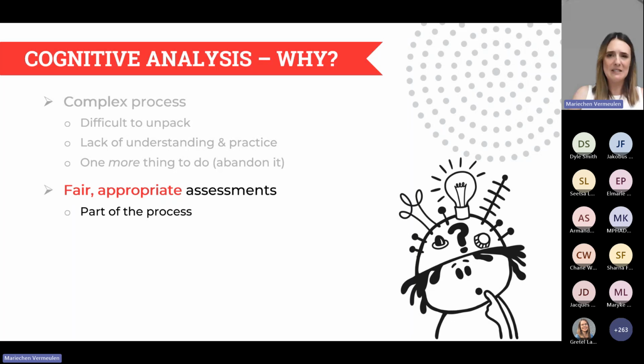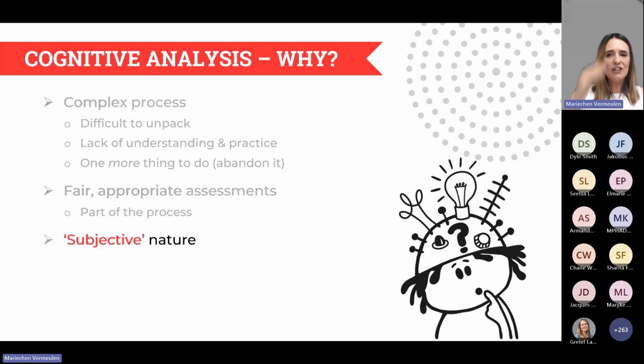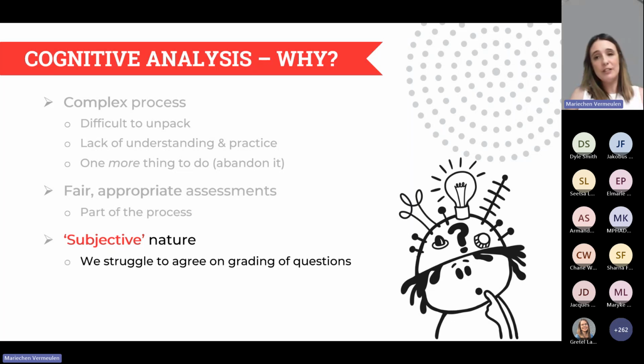You might be surprised. And then lastly, we don't always interpret and classify the categories of cognitive demand provided in the CAPS in the same way. And this lends to kind of a subjective nature because, where I think a question is this particular level and you think it's that level, actually we're not agreeing with each other because neither of us really knows what each level means.